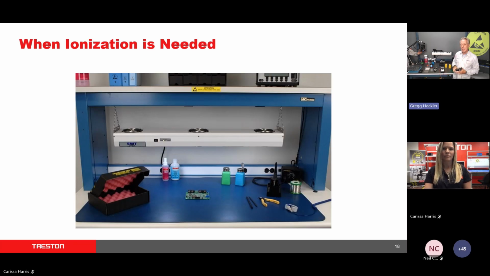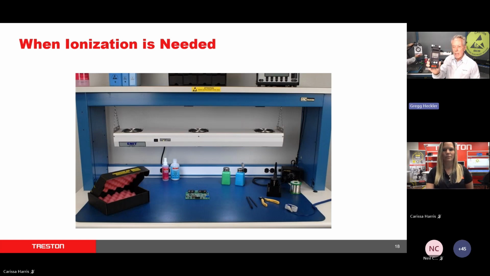So now we don't have a static generator. The second requirement is how fast it takes this ionizer to neutralize 1,000 volts to 100 volts. Again, it doesn't matter what it is, whether that guy building a military thing or that guy building a toy, you want to establish the fastest discharge time that you possibly can.